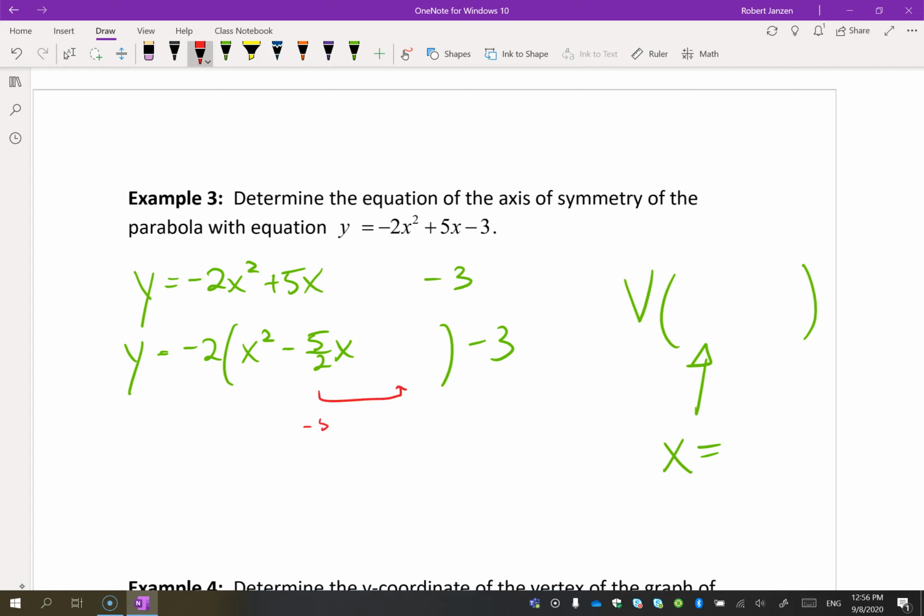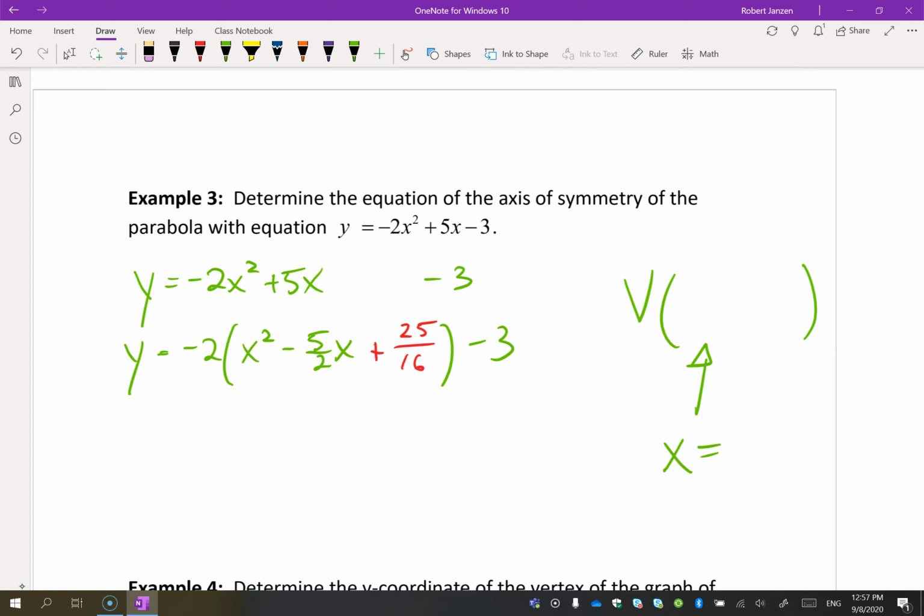If I take negative 5 halves and divide by 2, how do you divide by 2? You would multiply by half. So this is negative 5 fourths. If I take negative 5 fourths and square it, I get 25 over 16.